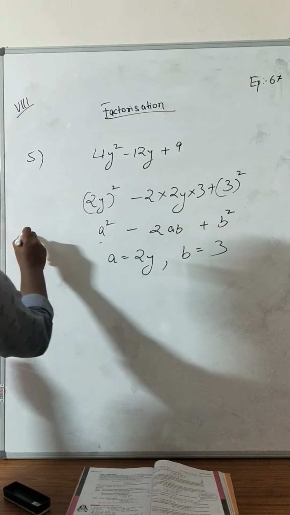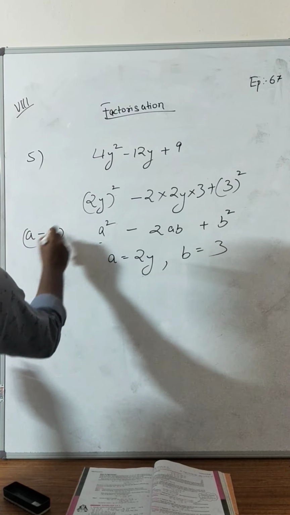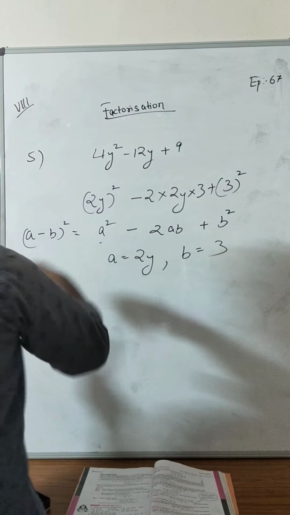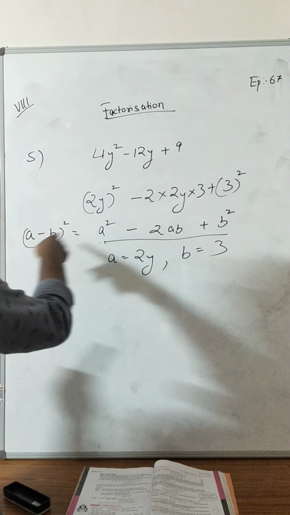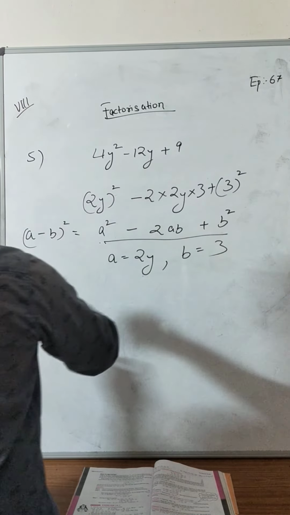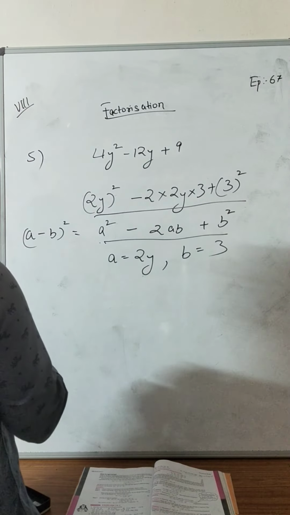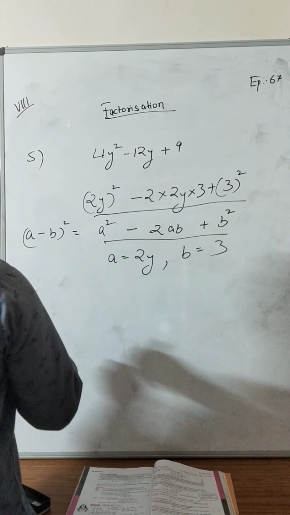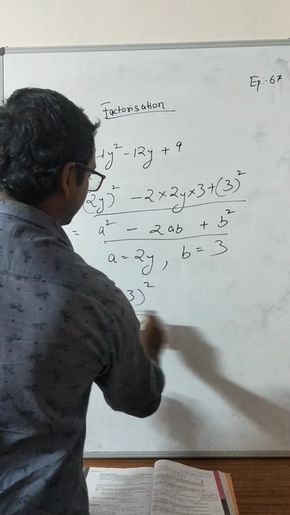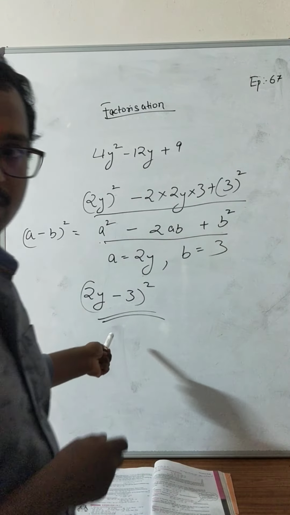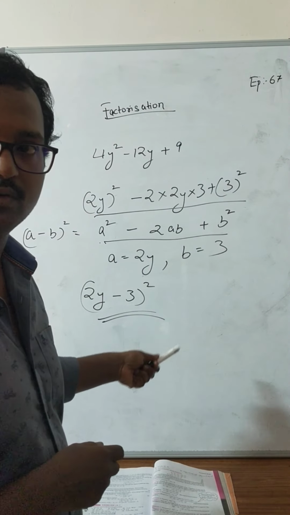If we get this term, then we can write it as (a minus b) whole square. Similarly, this can be written as (a minus b) whole square, where a is 2y and b is 3. This is our answer, which we can also write as (2y minus 3) into (2y minus 3).